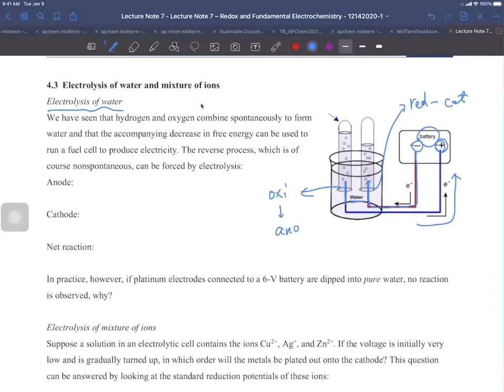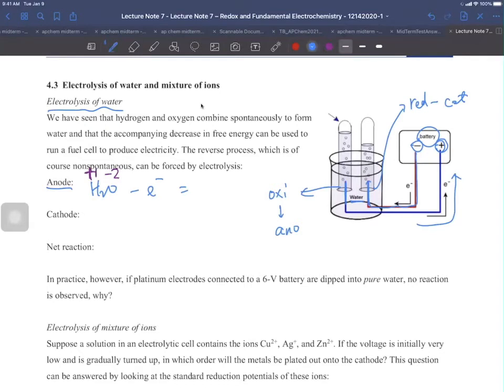So we can try to analyze, what is the reaction on the anode. So we need to have something to lose electron. So what can lose electron in water? Losing electron will have the oxidation. So obviously, the oxygen with oxidation number -2 will be oxidized by losing electron.